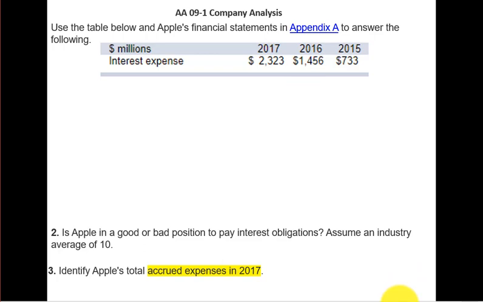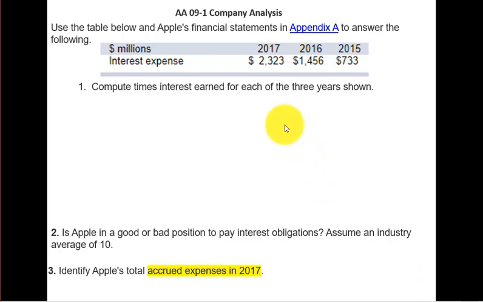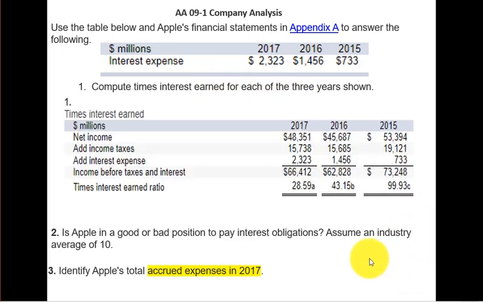This is all for Apple. And then you compute the times interest earned for each of these 3 years shown. So what you have to do is come up with the income before taxes and interest from the Apple information for 2015, 16, and 17.